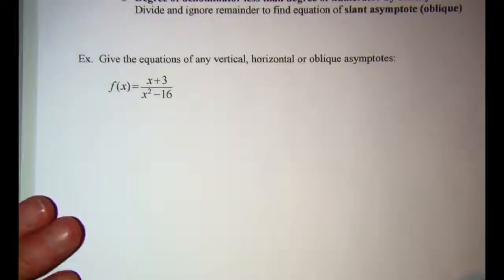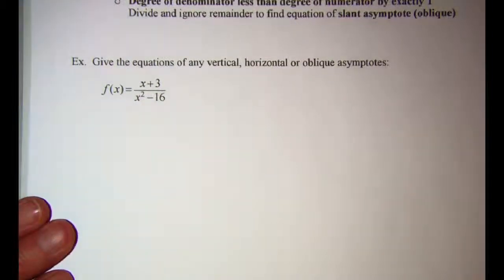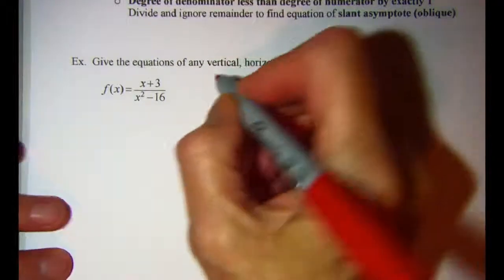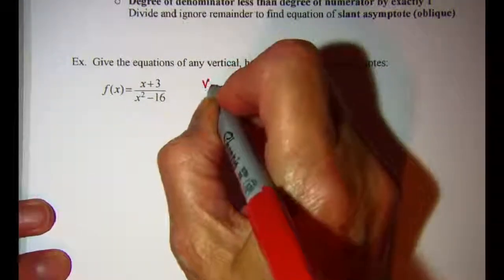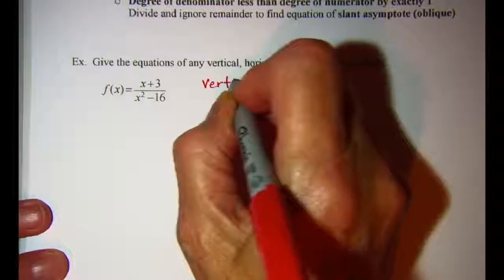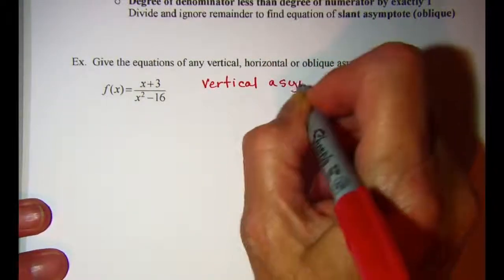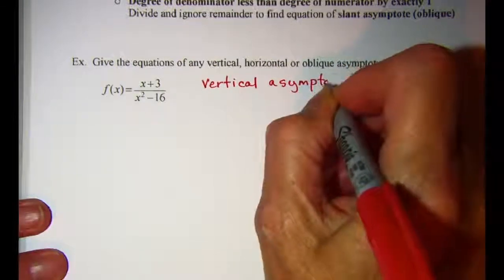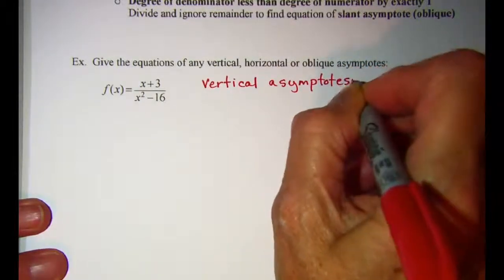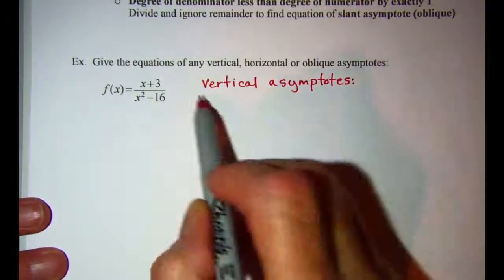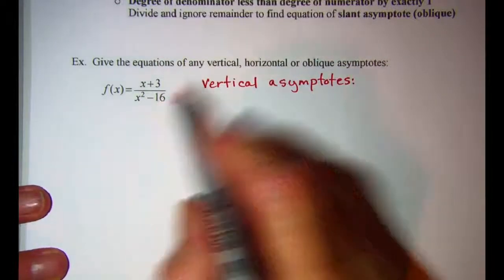Our first example, we're asked to give the equations of any vertical, horizontal, or oblique asymptotes. So first, let's find our vertical asymptotes. Remember that the vertical asymptotes occur when the denominator is equal to 0.